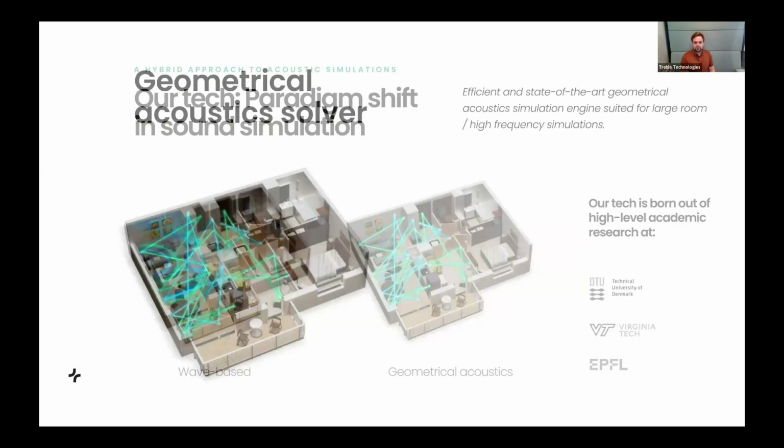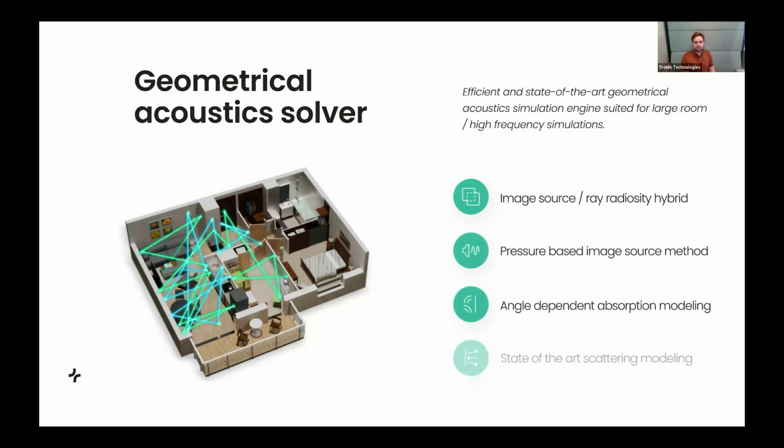Now, the reflection tracking feature is a visualization of the image source algorithm within Treble. And the image source algorithm is one half of the geometrical acoustic solver, along with the ray radiosity part, or the ray tracer. So what is an image source algorithm?